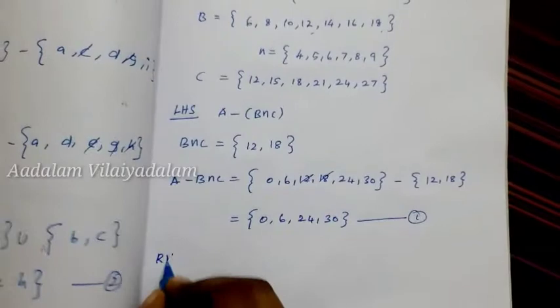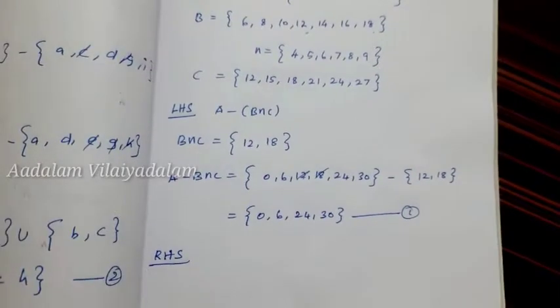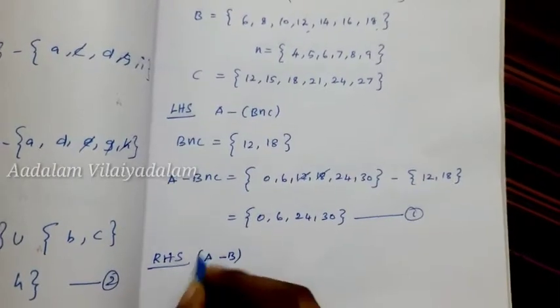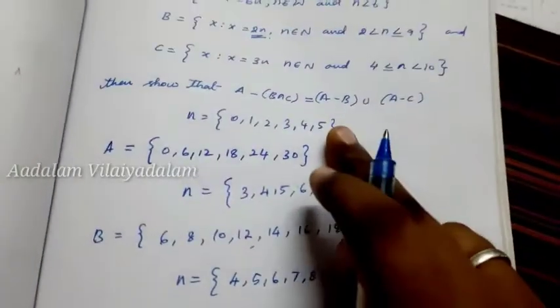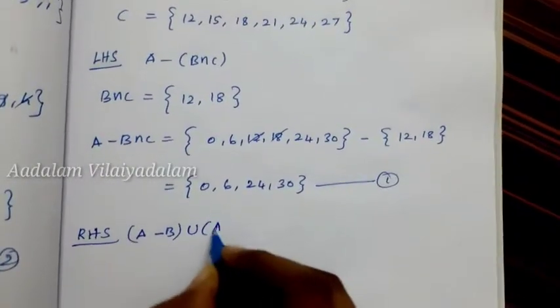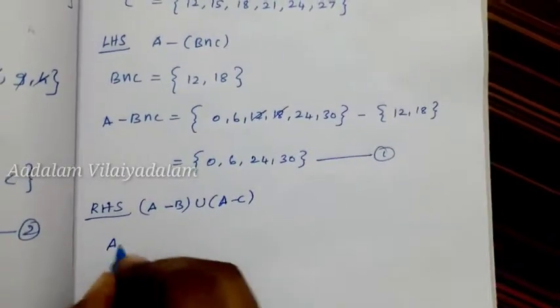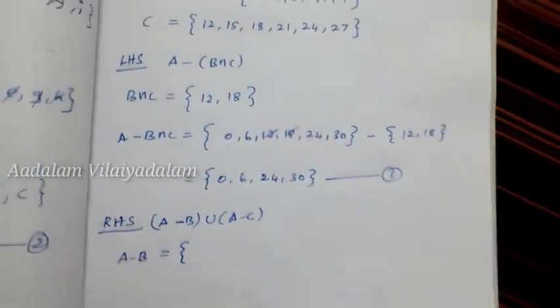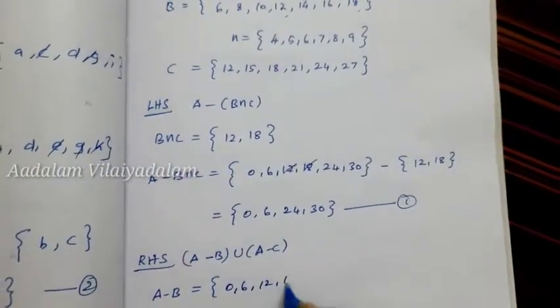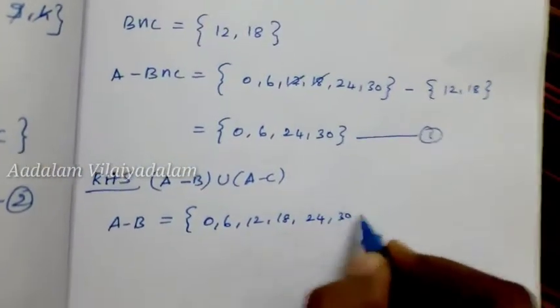Let's move to the RHS, that is (A minus B) union (A minus C). So let's find A minus B. You could write A as 0, 6, 12, 18, 24, 30.